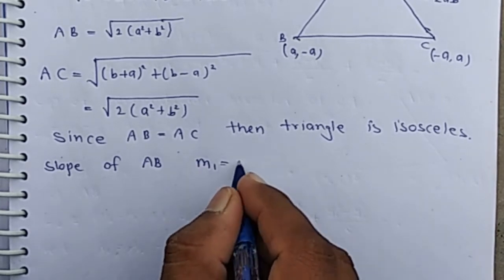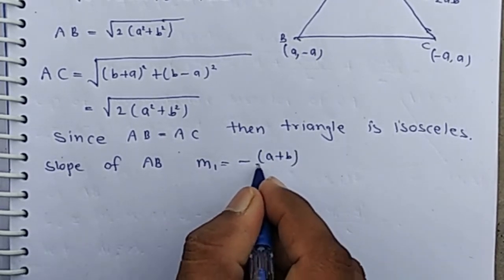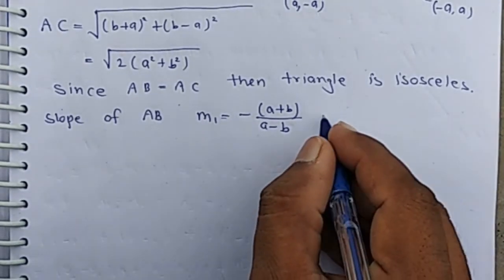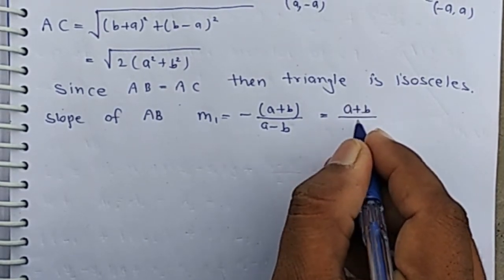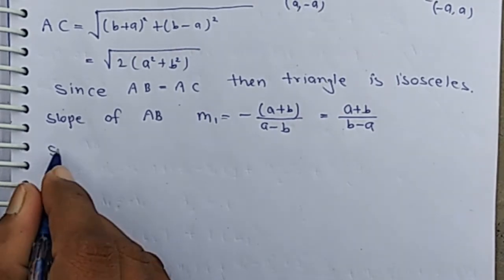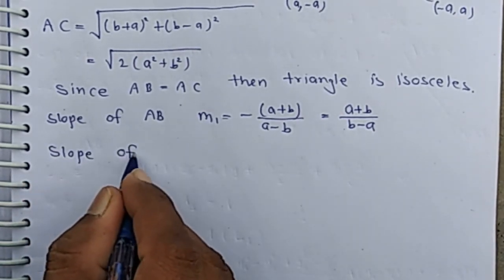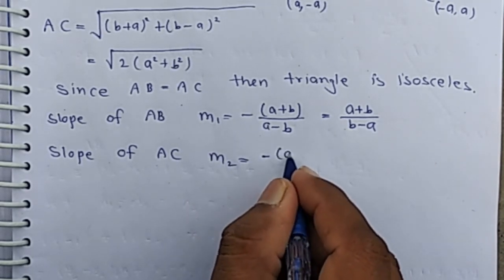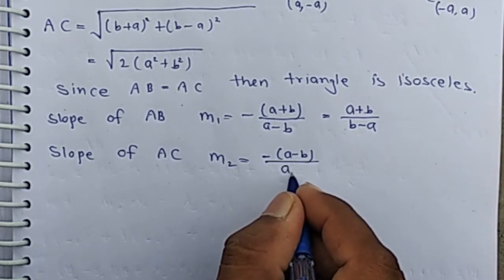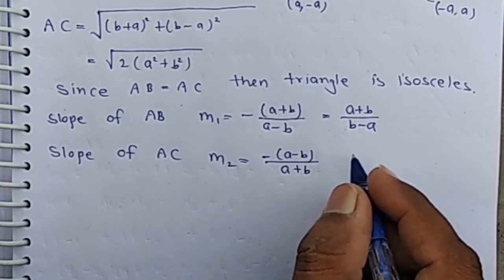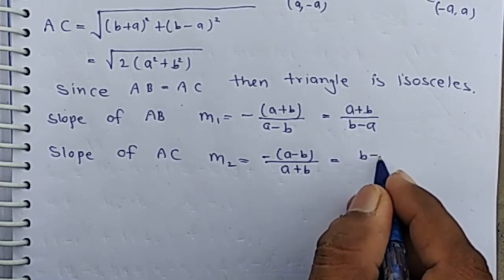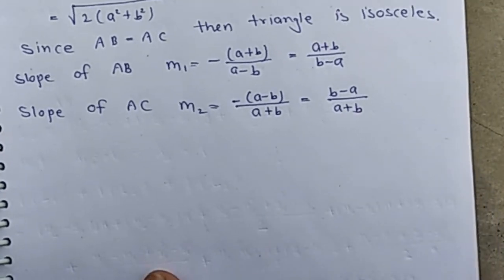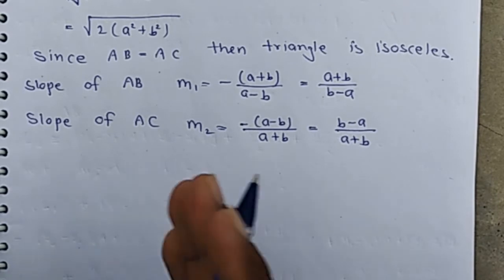Now the slope of AB is m1 and the slope of AC is m2, and we have to show that the angle between AB and AC is 2 tan inverse a by b.